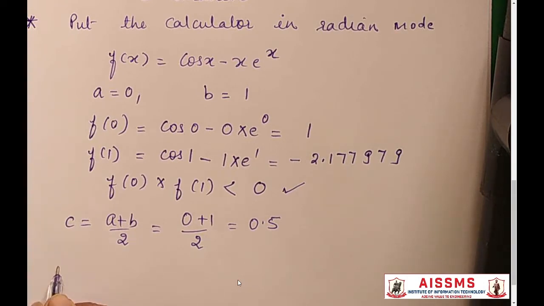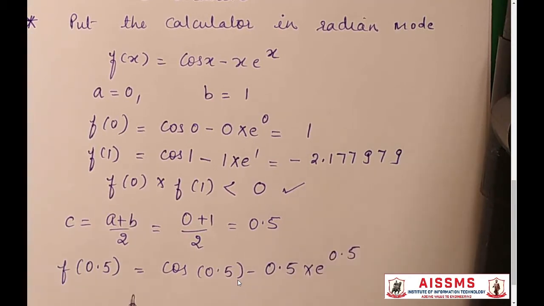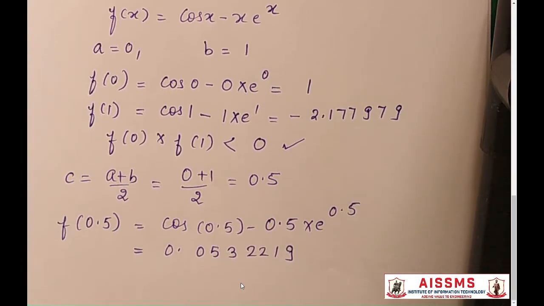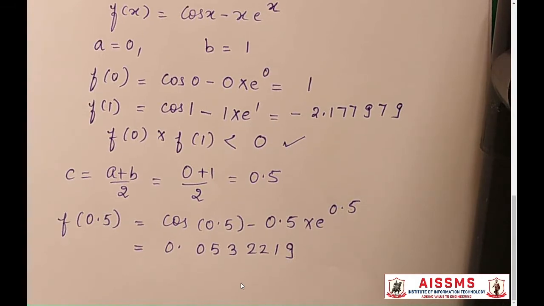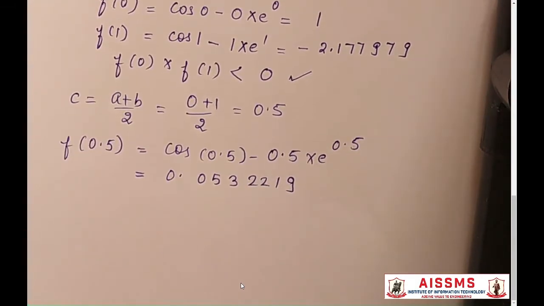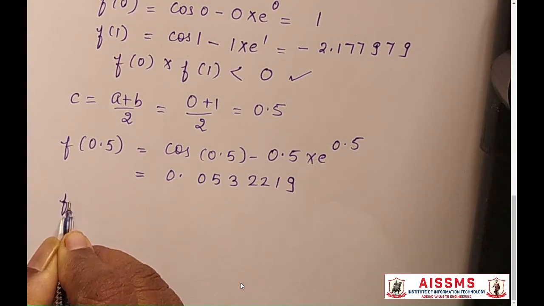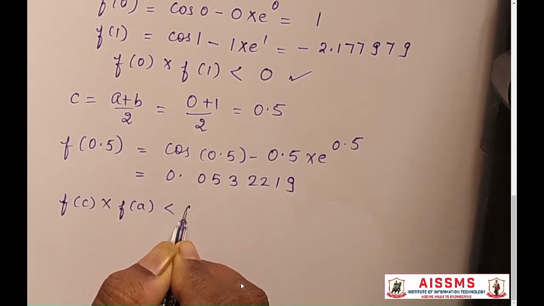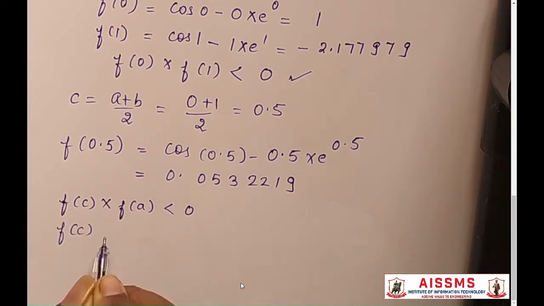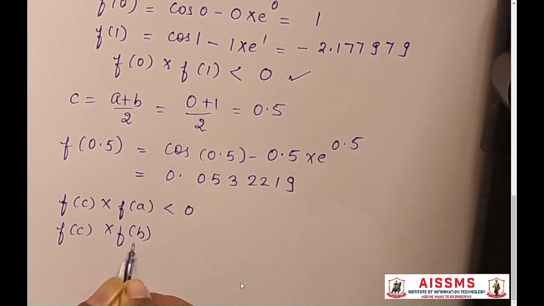Then find out f of 0.5, which is cos of 0.5 minus 0.5 into e raised to 0.5, which comes out to be 0.053219. For bisection method, we have to keep on checking whether f of c into f of a is less than 0 or f of c into f of b is less than 0.